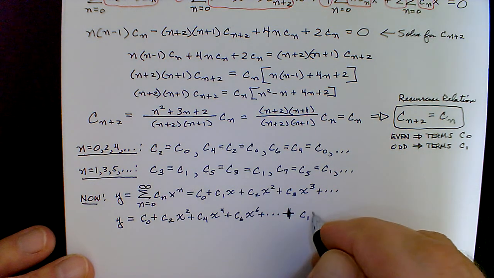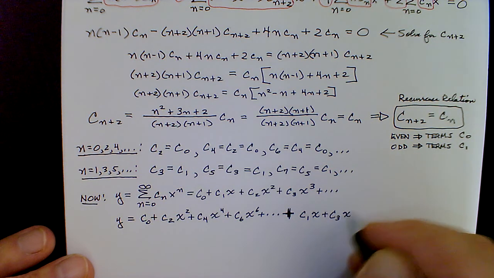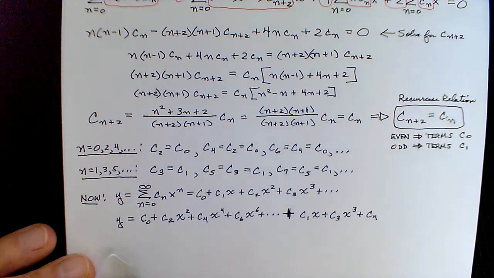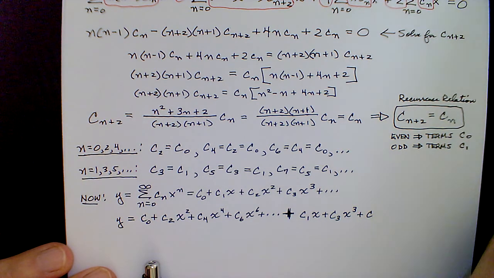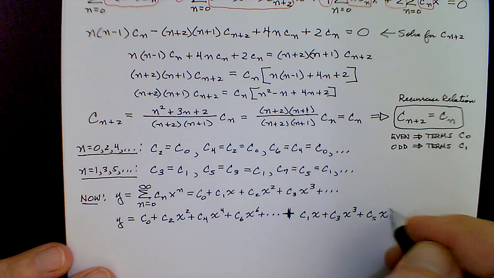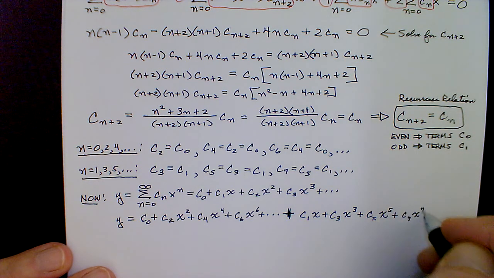The odds are c1x plus c3 x cubed plus c5 x to the 5th plus c sub 7 x to the 7th, and so on.